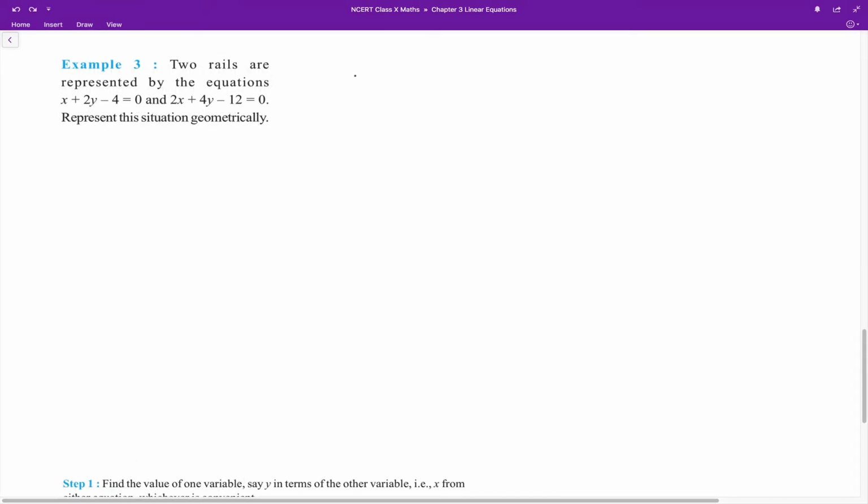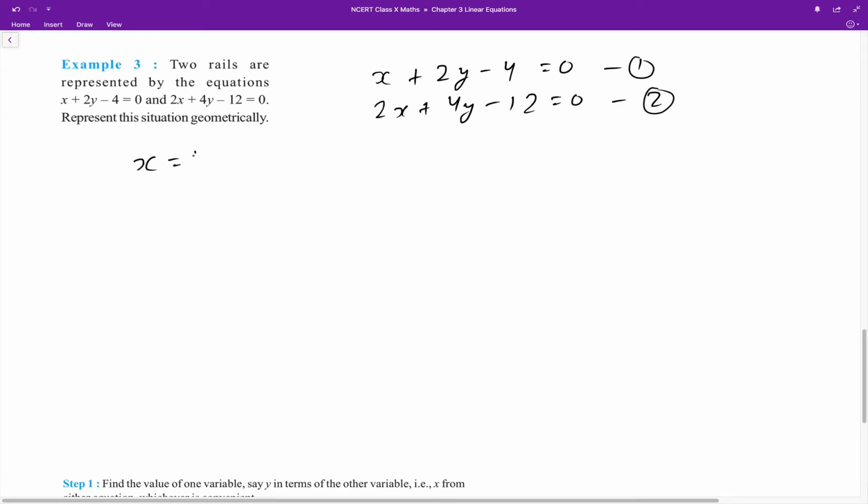So let us also have a look at our rail example that we had. The two equations that we have are x plus 2y minus 4 equal to 0 and 2x plus 4y minus 12 equal to 0. So what do we do in the first step? We represent x in terms of y, 4 minus 2y.